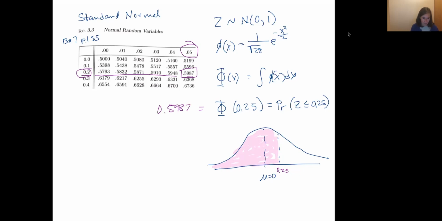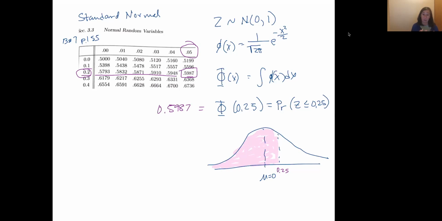Okay, good. So far, so good. Kind of cookbooky, but useful. The final thing I want to do is what if it's not a standard normal? What if we have some other normal random variable?